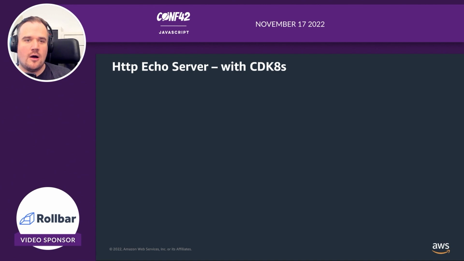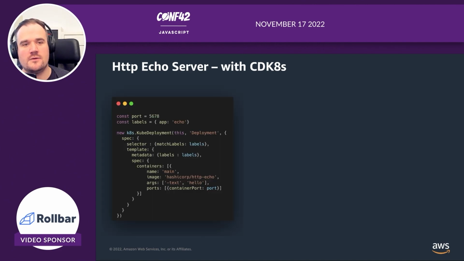Now let's see how the Echo server actually looks with CDK8s. And we're using TypeScript here because I'm a TypeScript guy. So the first thing is that we are writing that deployment class. We are configuring, instantiating that deployment class. And you see here, it looks rather similar to what we did before with YAML, but now it's in code. And again, we need a deployment, of course.